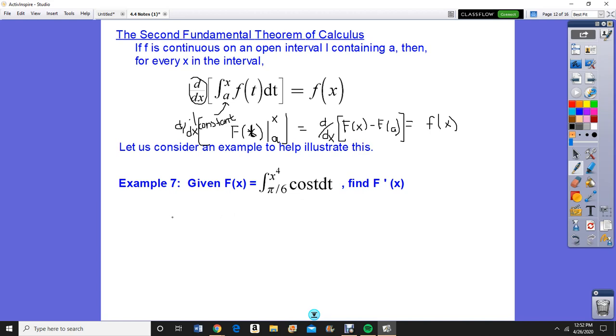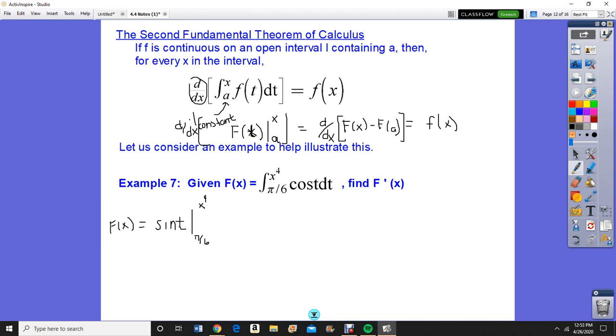So the integration would give us sine of t. The derivative of sine is cosine. And we would evaluate that from pi over 6 to this x to the power 4. This would be my function F of x.